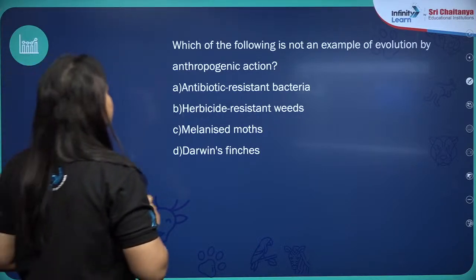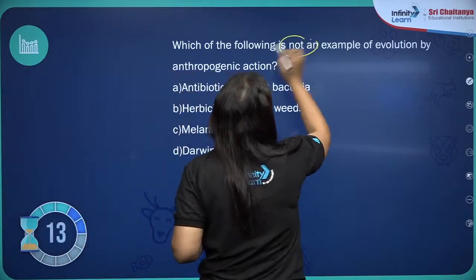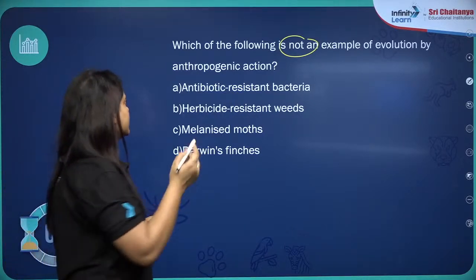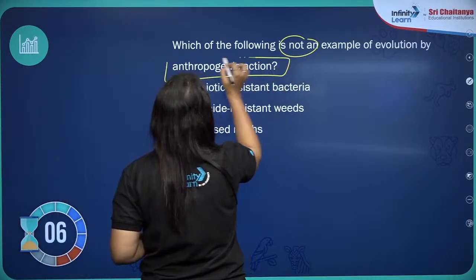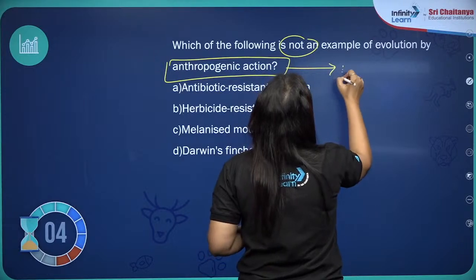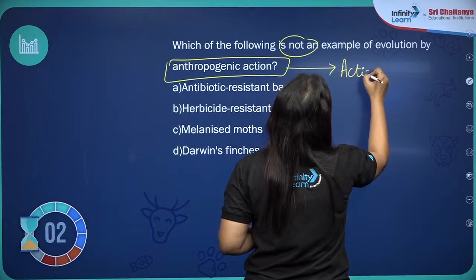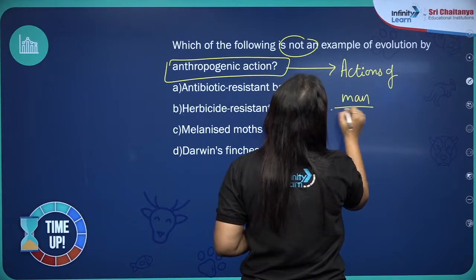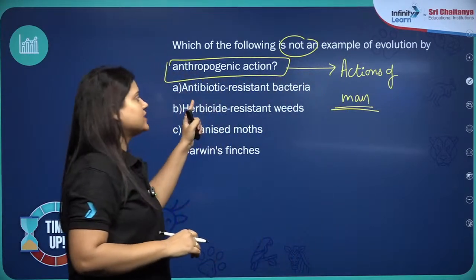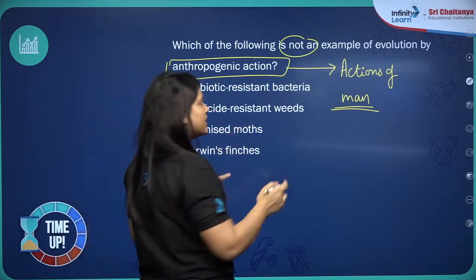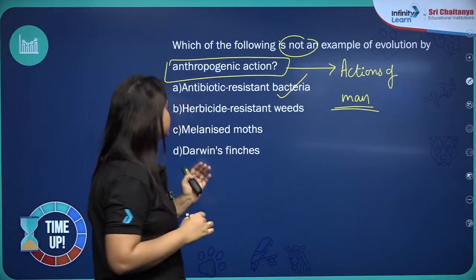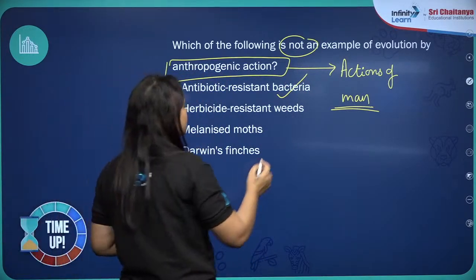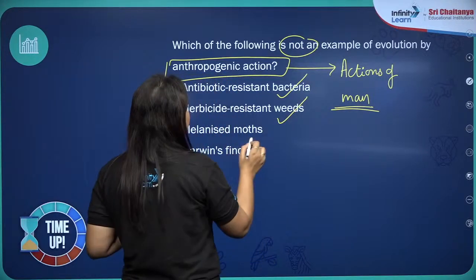Now, which of the following is not an example of evolution by anthropogenic action? Anthropogenic action क्या है? Actions of man. Isn't it? तो antibiotic resistant bacteria बने हैं हमारे वजह से when we have discovered antibiotics. When we have used a lot of herbicides, the weeds became herbicide resistant. Melanized moth.